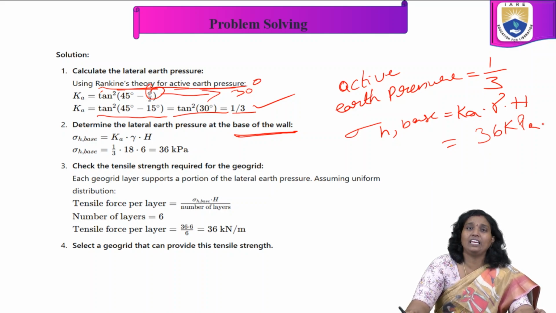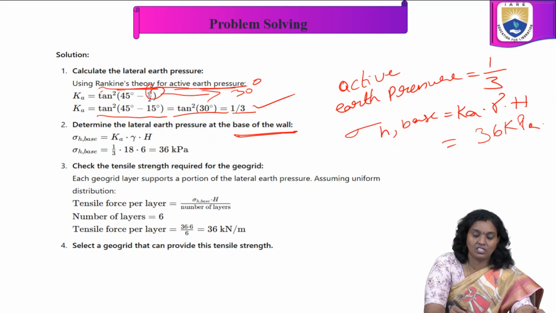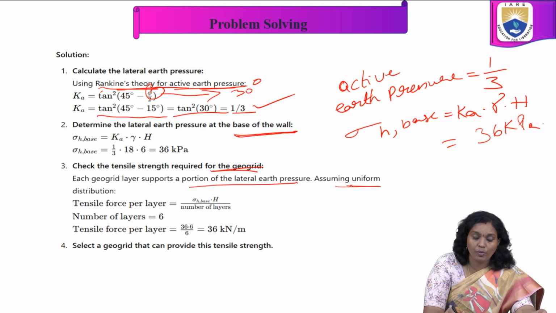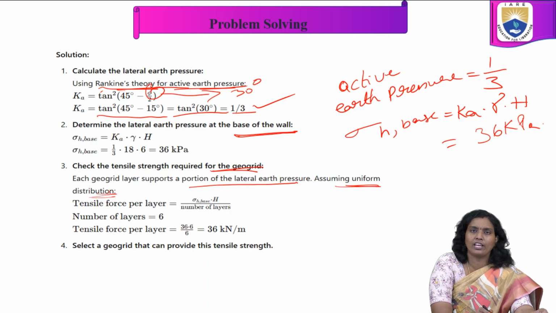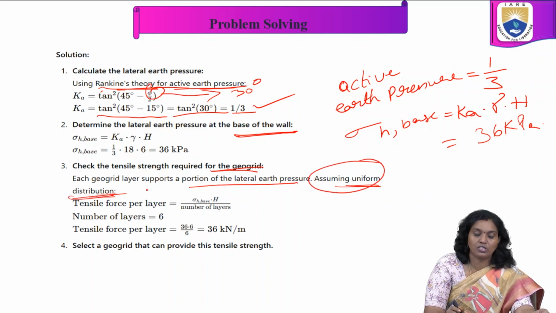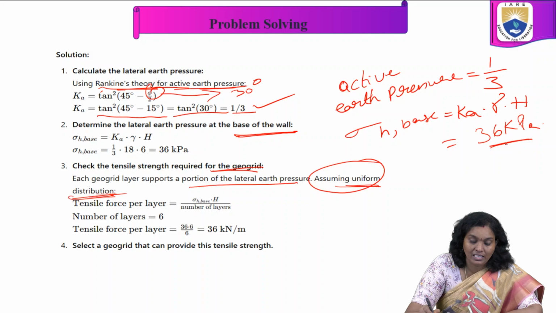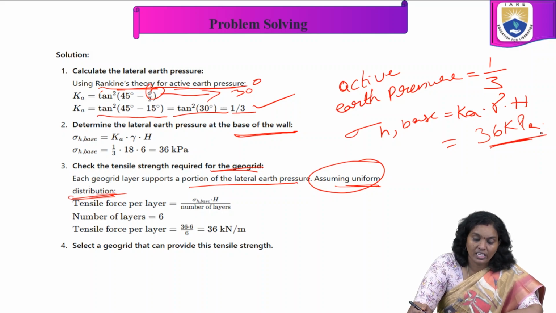Now check the tensile strength required for the geogrid. Each geogrid layer supports a portion of the lateral earth pressure, assuming uniform distribution, that is UDL.